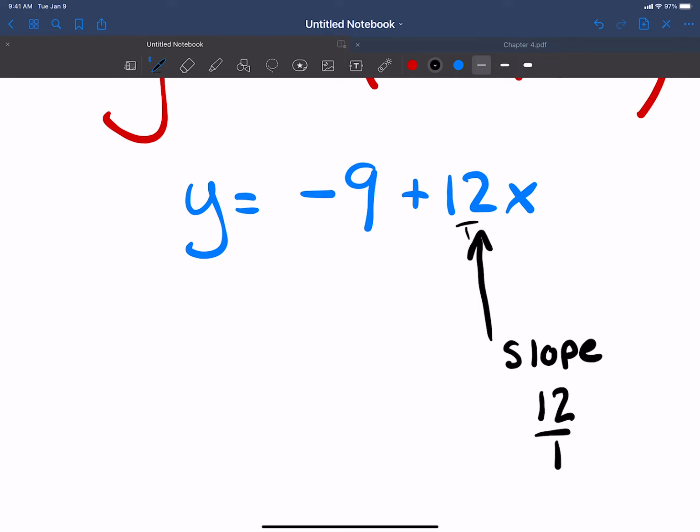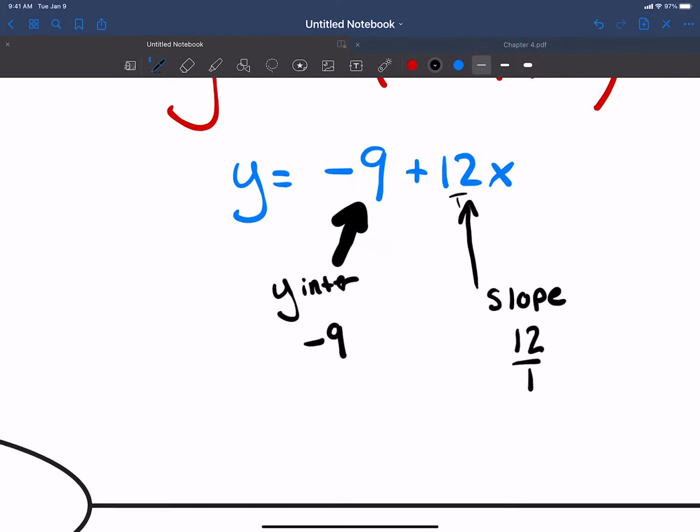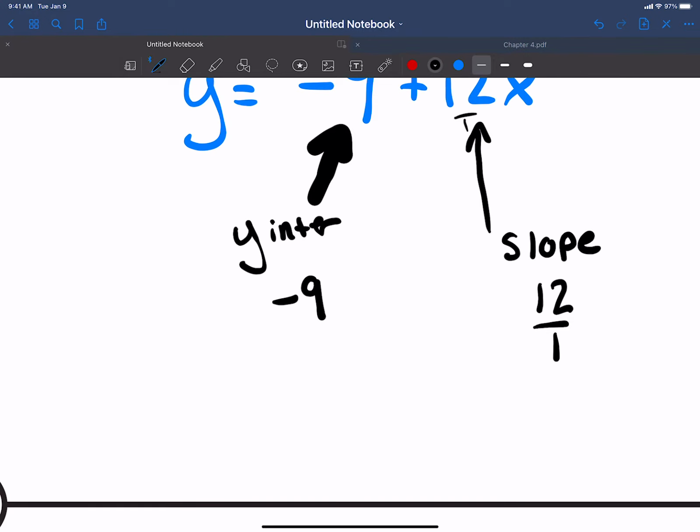Slope is always in a fraction, and it's always the one next to the x. And what is this? That's my y-intercept, negative 9. So if I wanted you to graph this, you would start at negative 9 on the y-axis, and from there you would go up 12 over 1, or down 12, back 1.